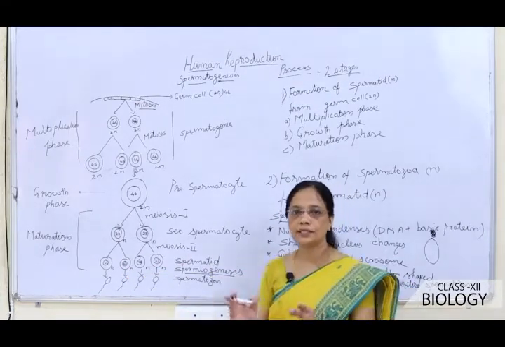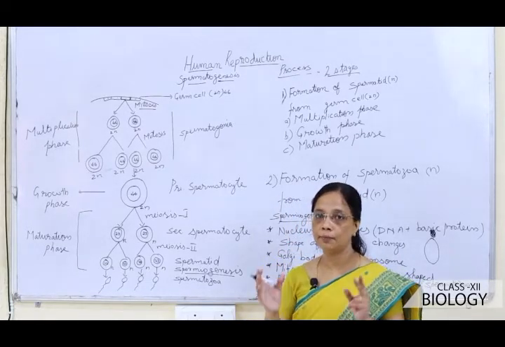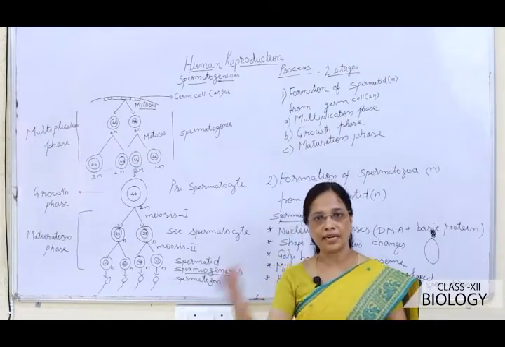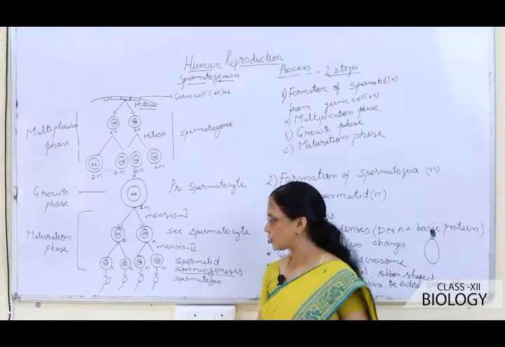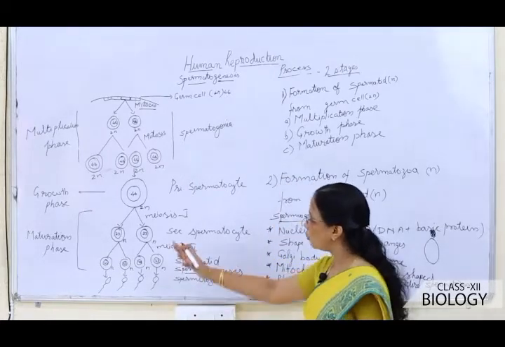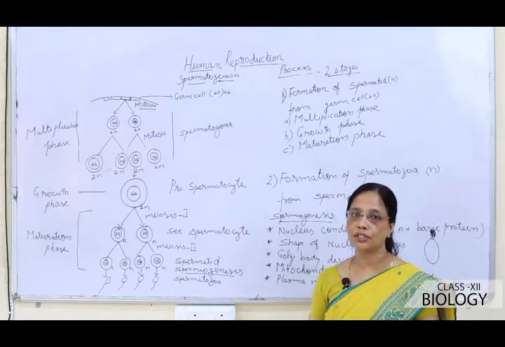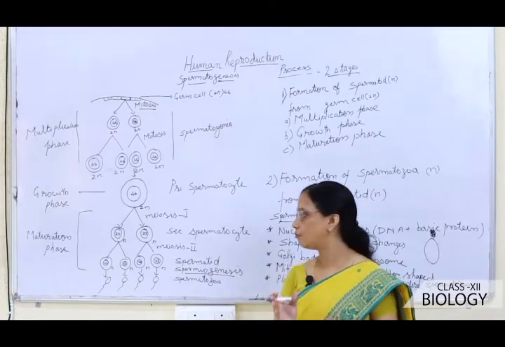First change, that is the nucleus condenses. Inside the nucleus, DNA and basic proteins are there, and whatever acidic protein and RNAs are there are removed or lost. And then the shape of the nucleus, which is circular earlier, is changed into oval shape and the anterior end becomes pointed and flat.